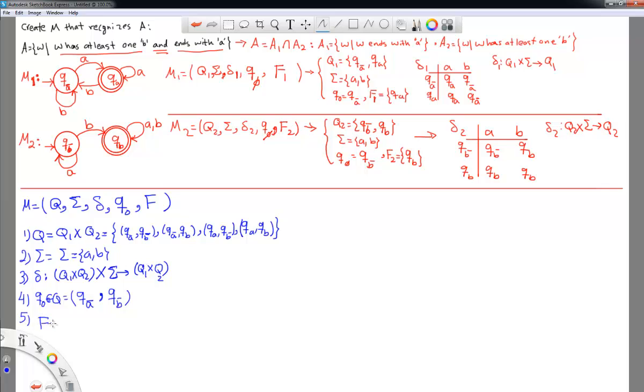And then F is going to be the cross product of F sub 1 with F sub 2, which is going to be the cross product of Q sub A, which is this guy, and then set Q sub B, which is this guy. So this cross product is going to effectively be the set Q sub A comma Q sub B. That's going to be my final state, which is going to be that set.